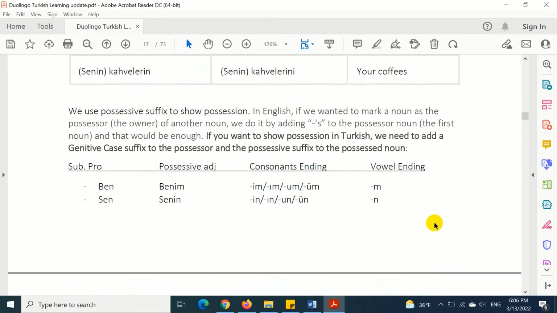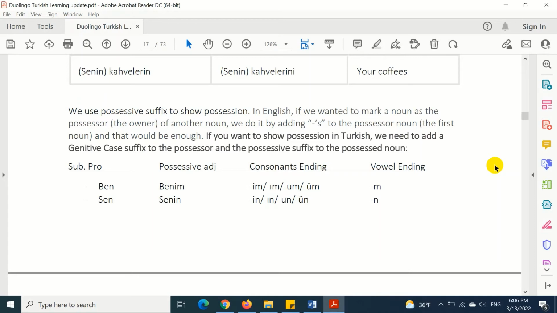In English, you easily add apostrophe s at the end of the possessor, and that is clear. For example, Ahmad's book, the book of Ahmad. So you only use an apostrophe at the end of the possessor noun, but in Turkish that is different.